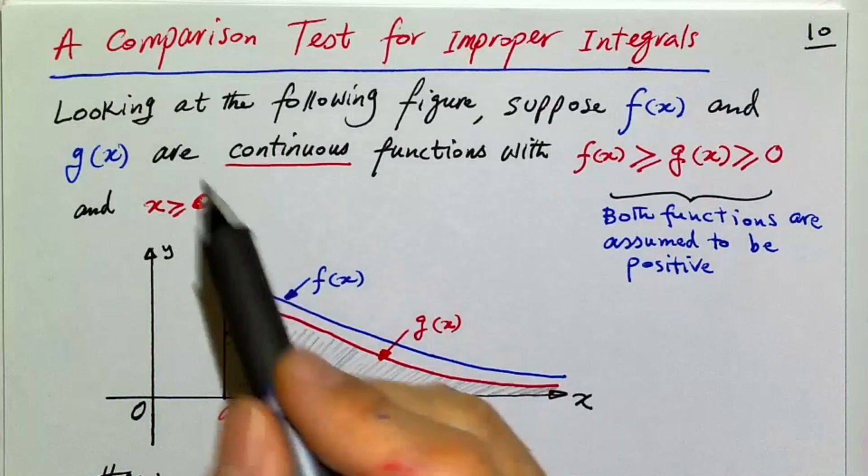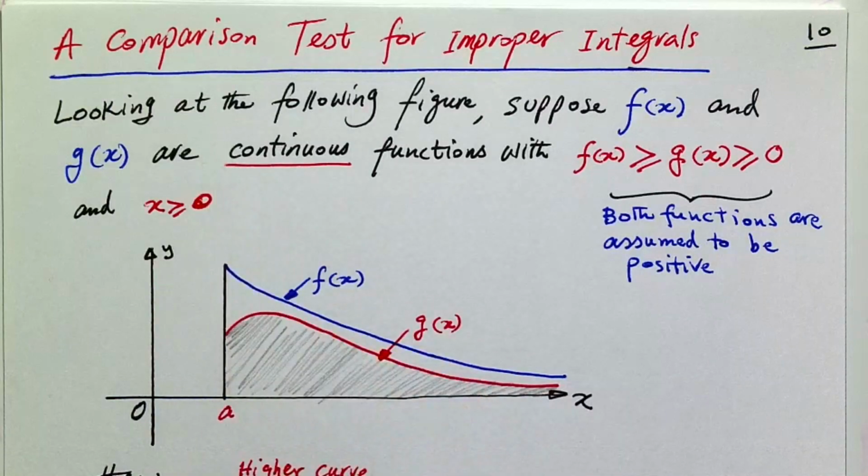But the first step in this comparison test is finding another curve, another function that is easier to integrate than the one we are given, okay? Which is, by the way, in some way connected to the integrand that we have. It has to be connected.